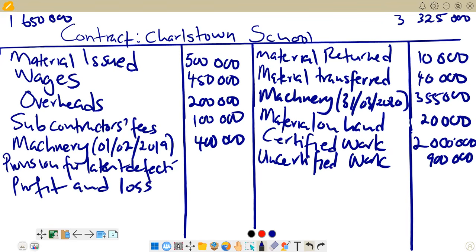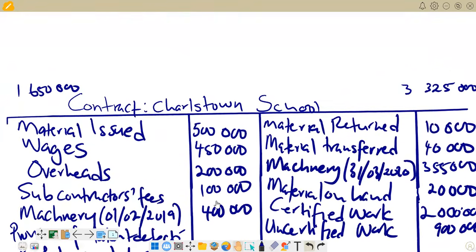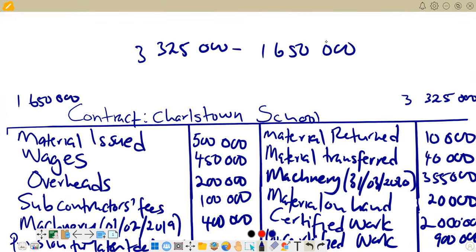So what is going to happen here is that we now want to find the difference. We are going to say this 3,325,000, which is the greater side, then we subtract 1,650,000. If you make that calculation, let's see what you get there.